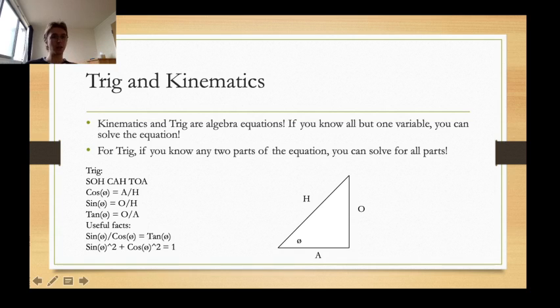You've got these formulas down here and you've got them labeled on the triangle as well. You can see that if, for instance, we know the angle and the hypotenuse, we can solve for adjacent, we can solve for opposite, we can solve for tangent, etc. And then there's also some useful identities that I think are always good to know. These are good to memorize because they come up a lot.